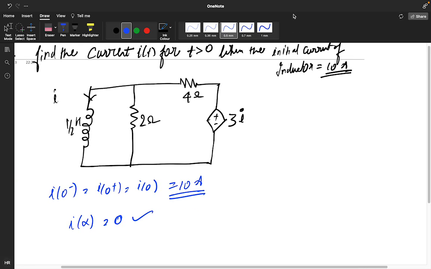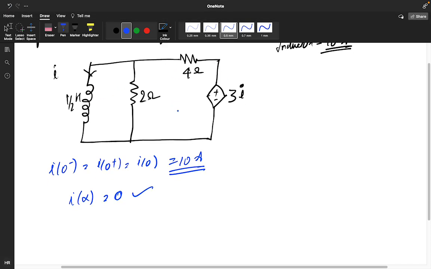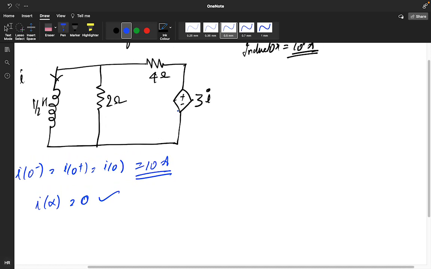It will completely dissipate its current across these resistors. But you need to find the value of R equivalent. But here it is given a dependent source, and it's depending upon this particular source.